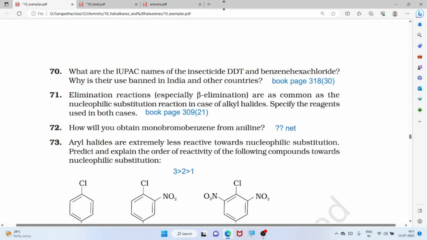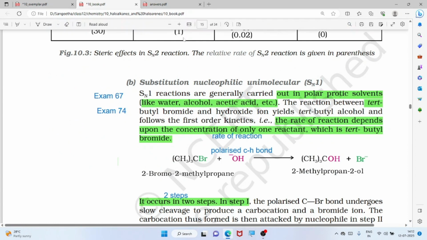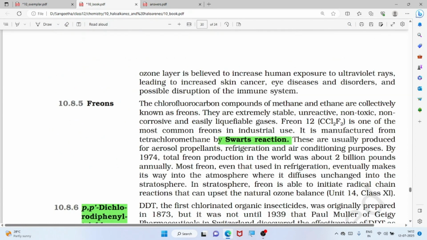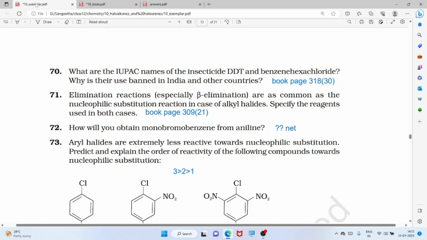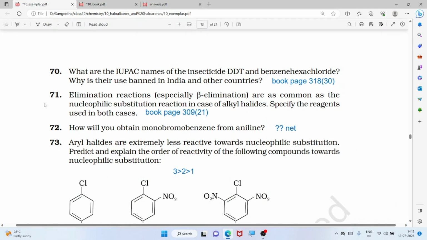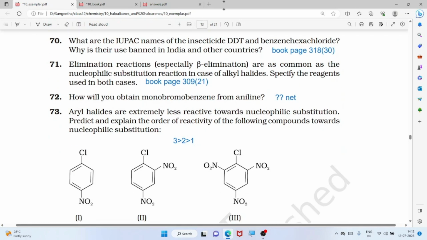What are the IUPAC names of the DDT and the other compound? So here, DDT, you can go through this. Elimination reactions, beta elimination, are as common as nucleophilic substitution reactions. Specify the reaction.